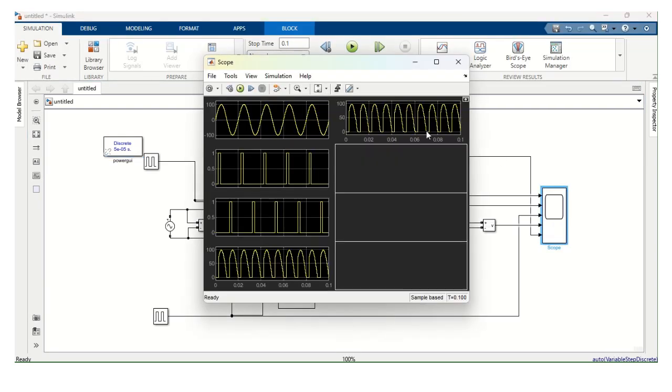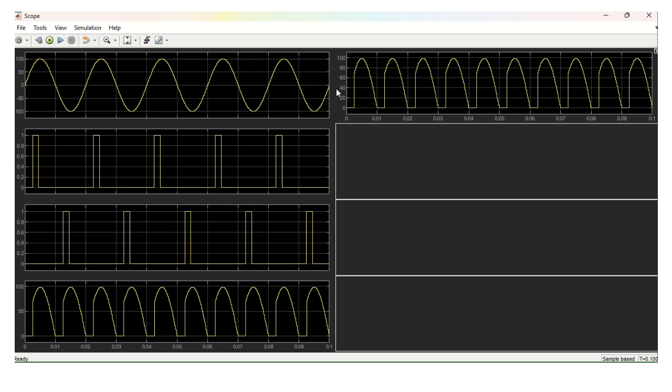Double click the scope. Maximize. So the first waveform is the supply voltage. Second one is the gate pulse for positive half cycle. And the third one is the gate pulse for negative half cycle. This is the output voltage and this is the output current. You can see the magnitude of output voltage is 100 and the magnitude of output current is also 100.